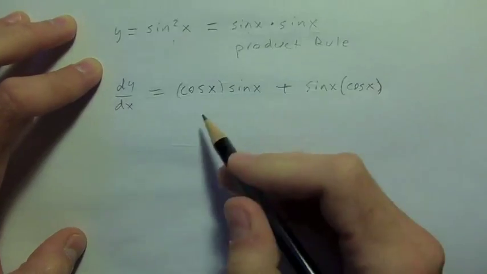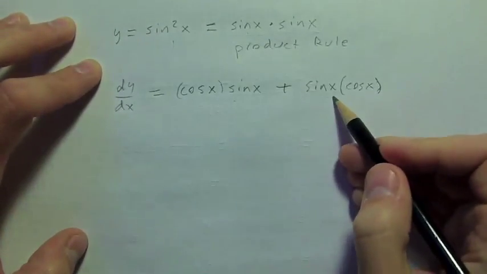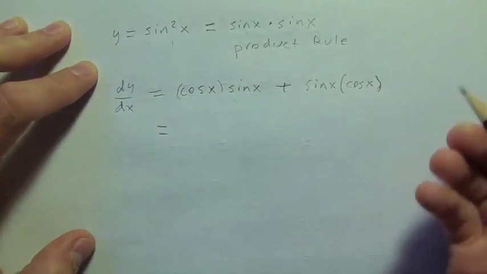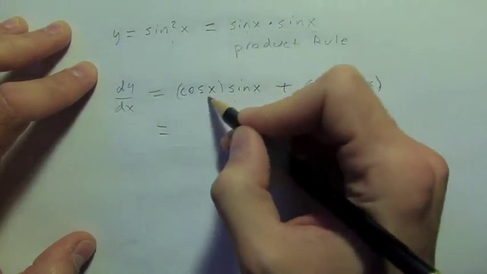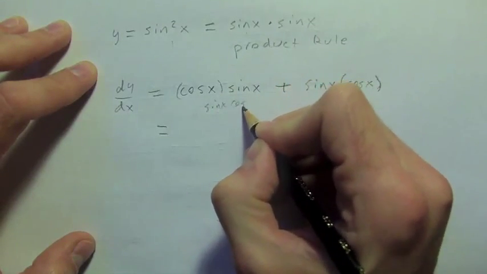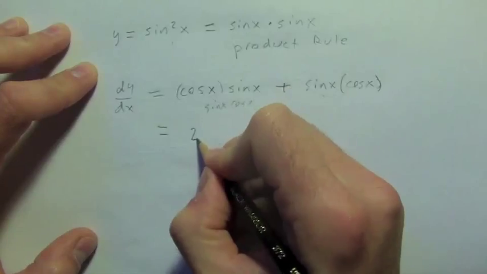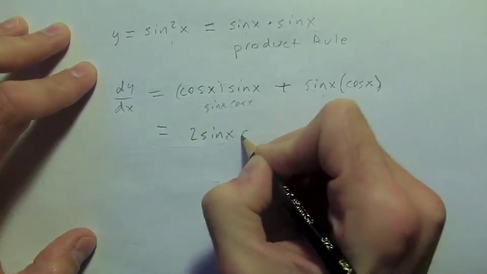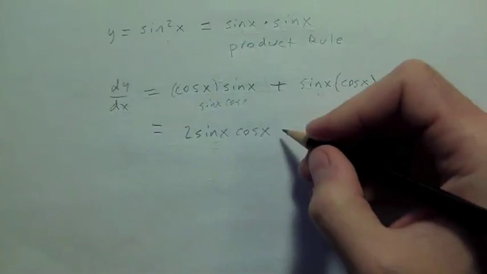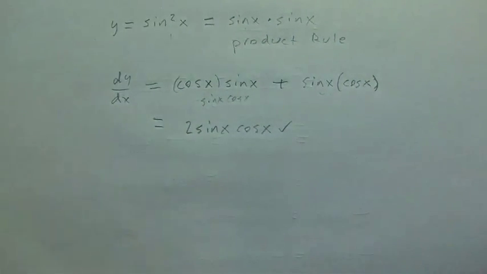So I have cosine x sine x plus sine x cosine x. You can write that either way. I'm going to reverse this one and make this sine x cosine x. So we basically have 2 sine x cosine x, and that's that.